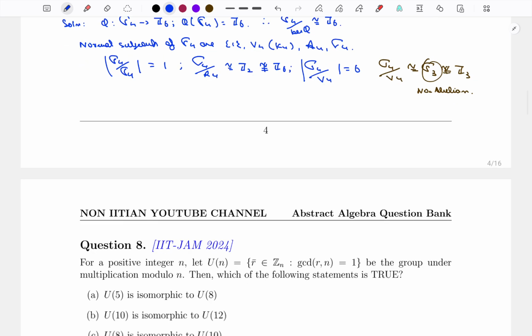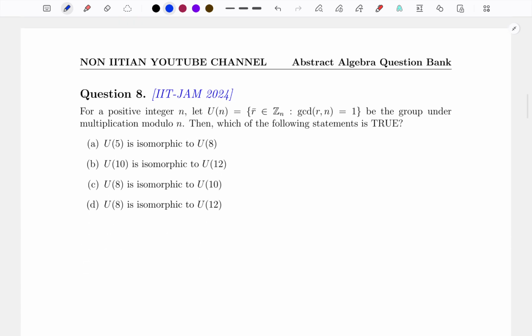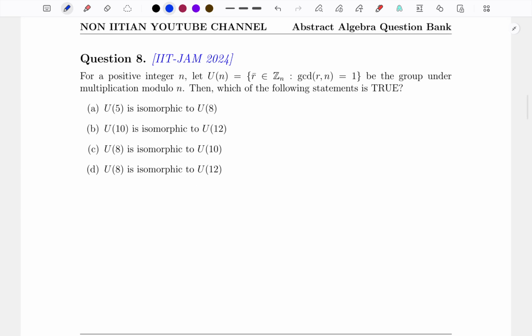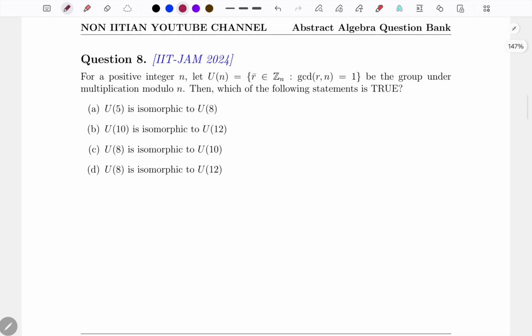Okay, let us move on to question 8. For a positive integer n, again a question from Un, which of the following statements is true? U5 is isomorphic to U8. Now here observe that U5 is cyclic, while U8 is not cyclic.